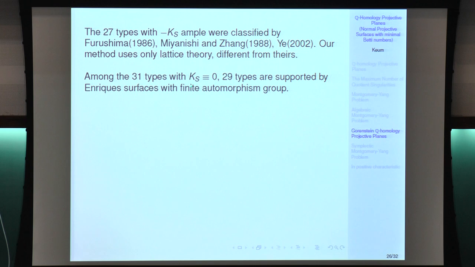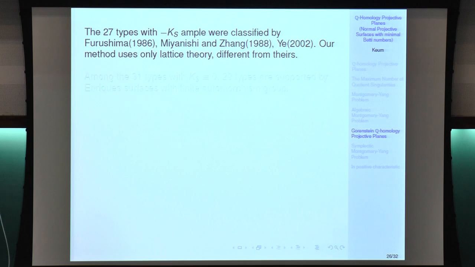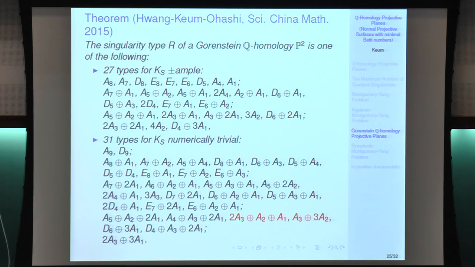Among the 31 types with numerically trivial canonical class, 29 types are supported by NK surfaces with finite automorphism group. These are, except these 2 in red color, 29 of them.